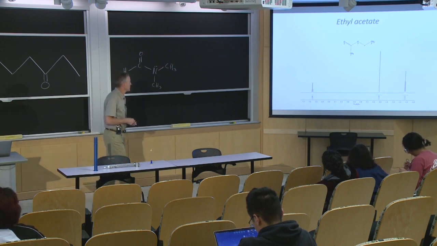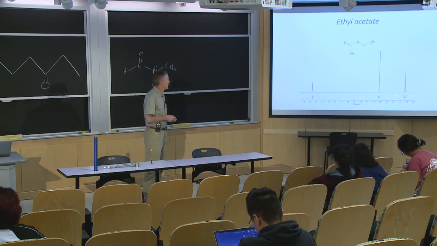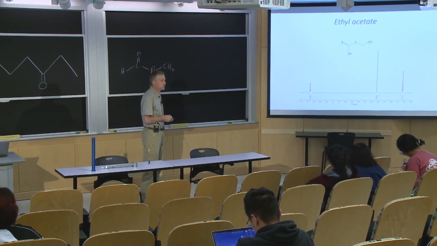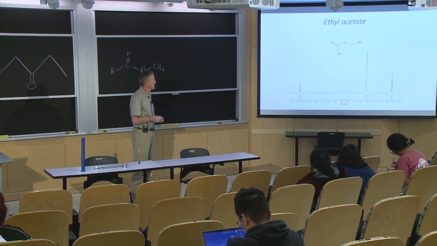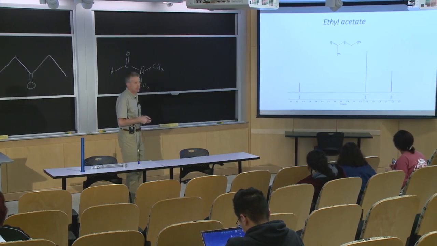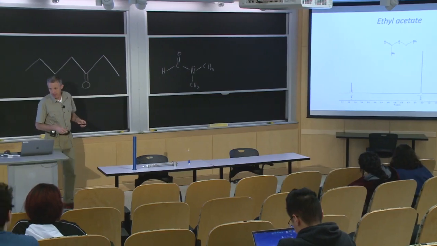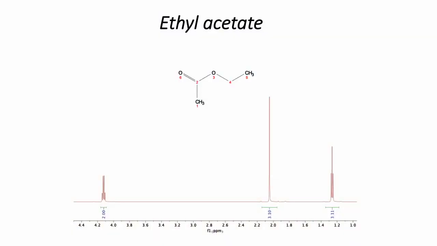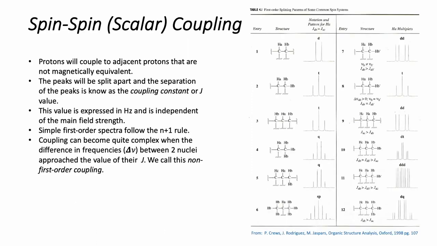Another thing you might be questioning is why are these ones split into multiple peaks, but this one is only a single peak? Let me make sure I kept my slides in order. Okay, I did. That is due to what is called coupling. So protons that are bound to a carbon will, in essence, talk to protons on neighboring carbons through the bonds. It's called spin-spin coupling or scalar coupling.